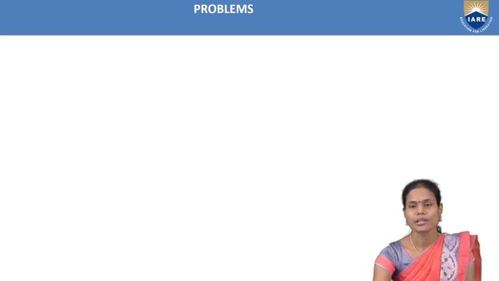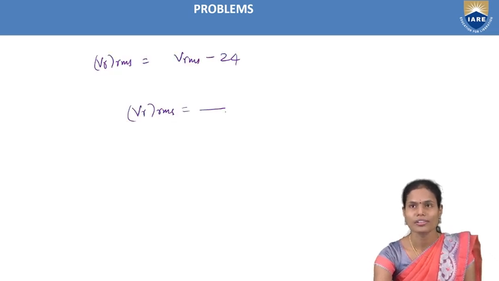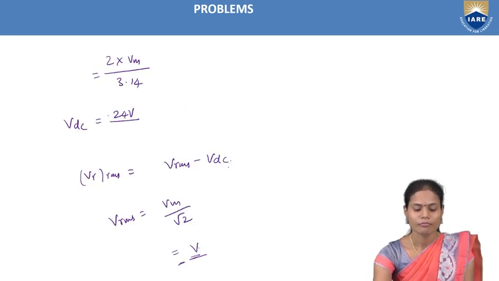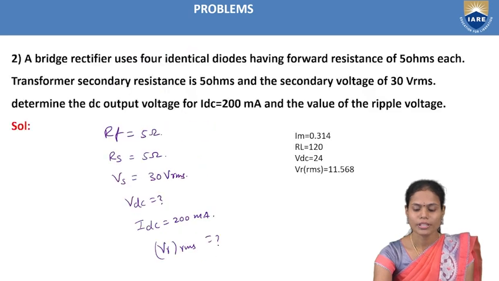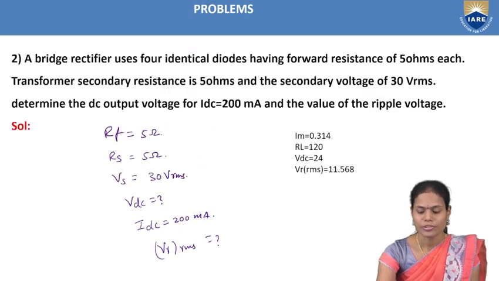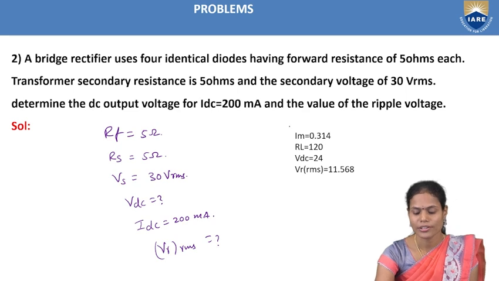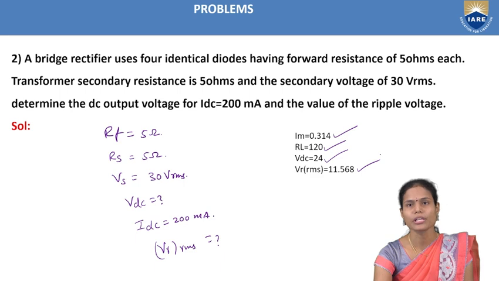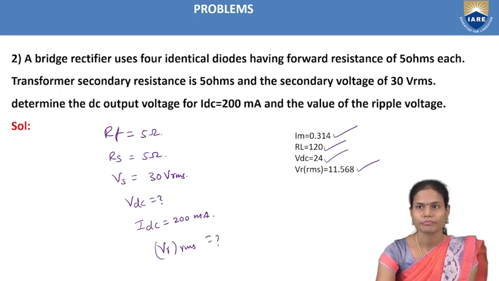So in this way we are able to find all the values of the given parameters. We have calculated the maximum current Im as well as the load resistance, the VDC voltage, as well as the VR RMS voltage, the ripple voltage here.